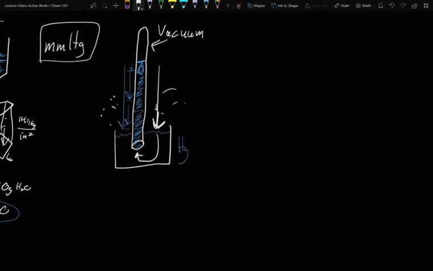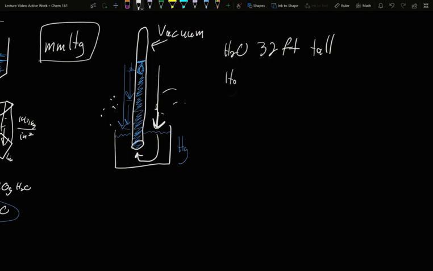Well, you need a good deal of height to do this with water. 14.7 pounds per square inch is the outside pressure from gas. To counter that, you need 14.7 pounds per square inch of material weight. For water, that's about 32 feet tall before you reach that weight.